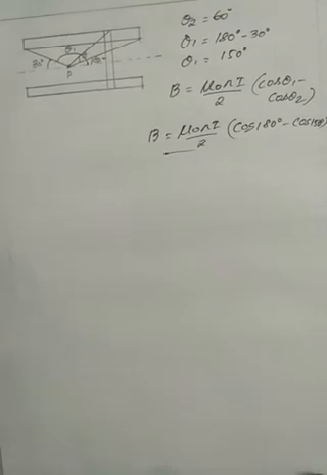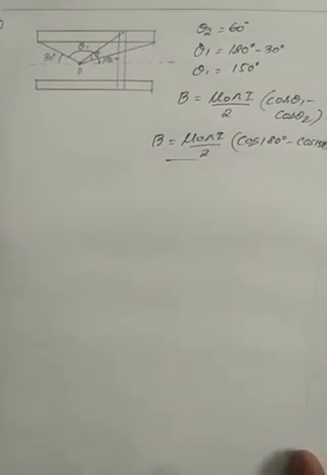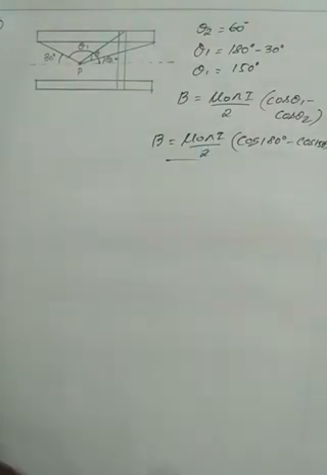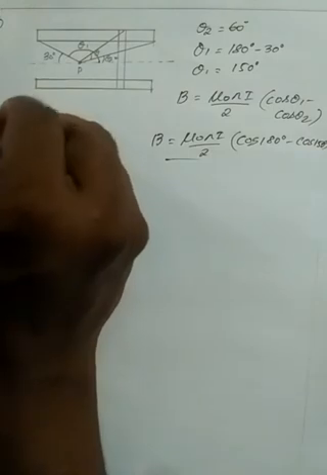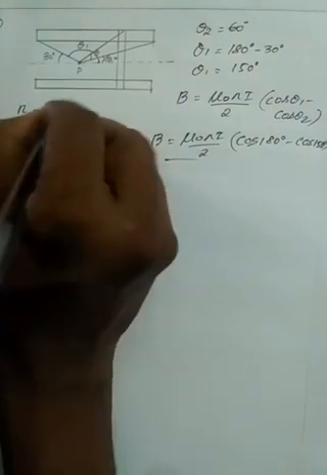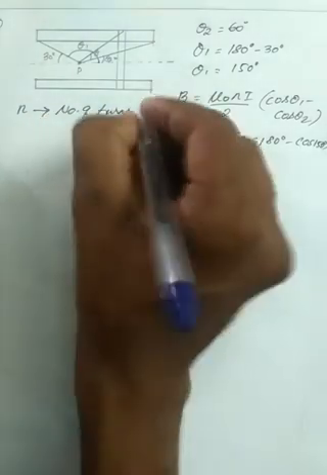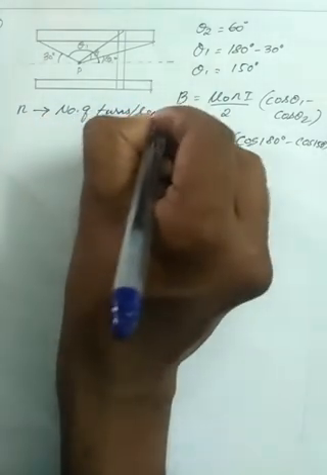Okay, so the important term, very important, that is what is meant by n. So here n means number of turns per length. N means number of turns per length.